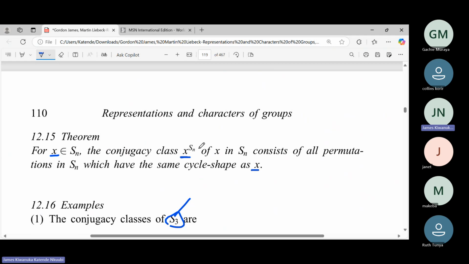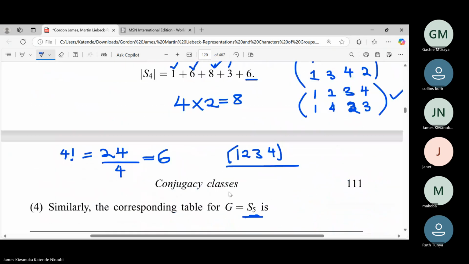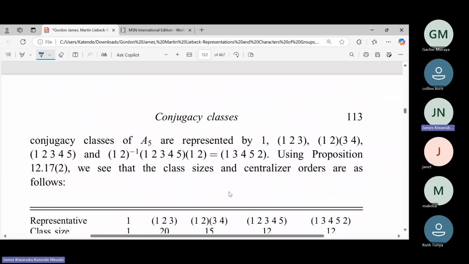That's topic 10 and 11. But you should read them because I probably will set a takeaway question on those two topics. So the next one we shall get to is the topic on characters.